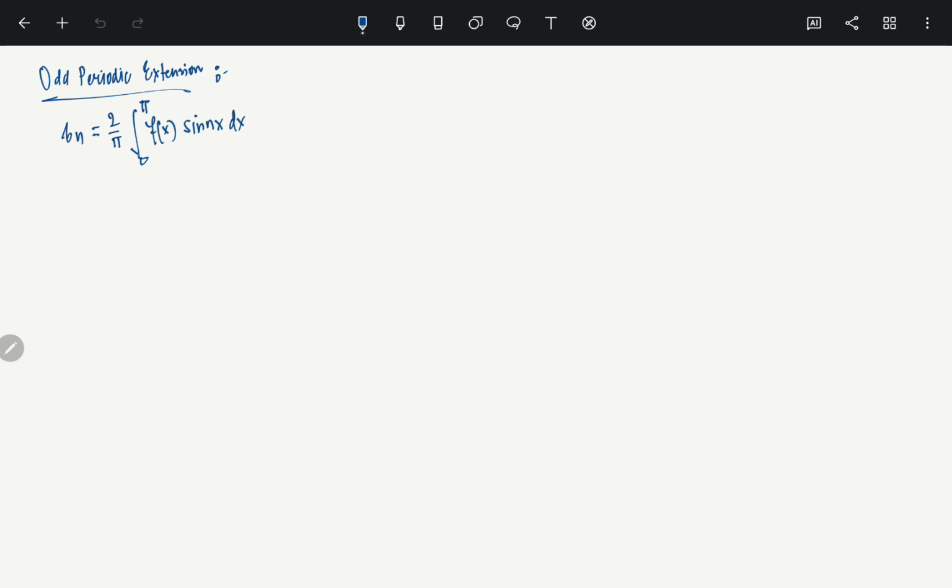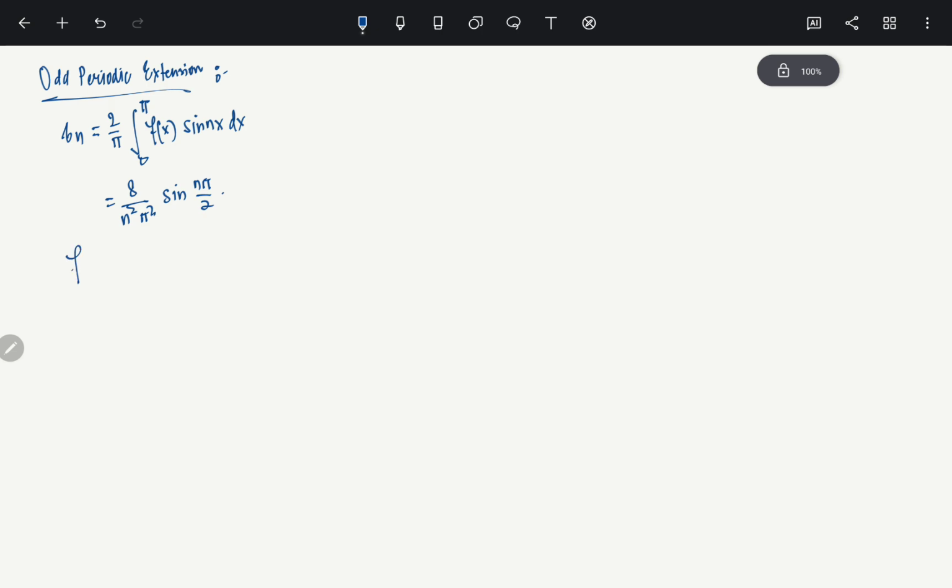So you just put it there, and for now again I am cheating a little bit. I will just write down the answer for you. It is 8 by pi square, and then sine n pi by 2. Is it okay?